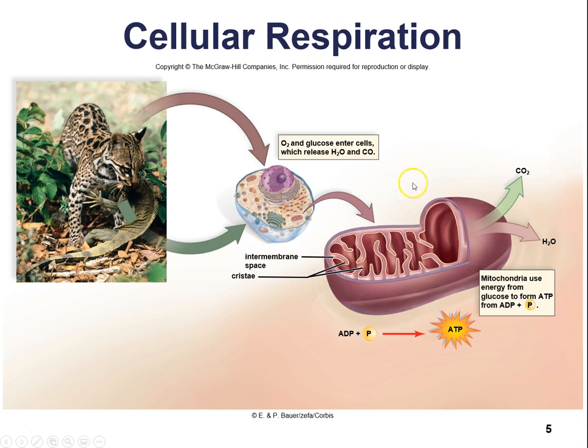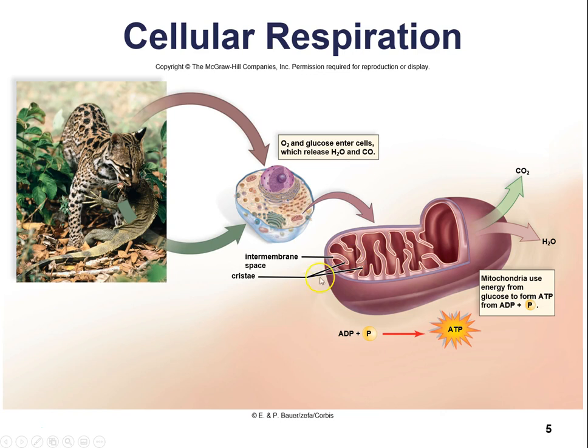Okay, so let's look at this as an overview. We've got a couple things going on here already. Here's your mitochondria. You can look at the structure of the mitochondria. I told you in chapter 4, when we went over the parts of the cell, not to specifically worry about the parts of the mitochondria. Well, now we need to worry about that, because different parts of cellular respiration are going to take place in different parts of the mitochondria, just like different stages of photosynthesis took place in different parts of the chloroplast.